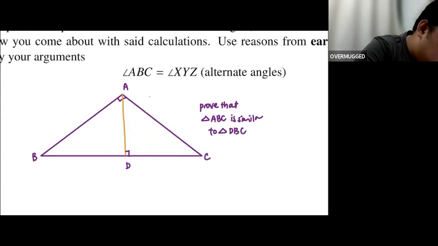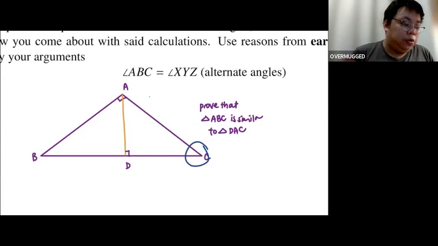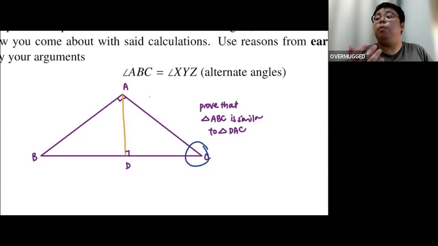Okay, sorry, DAC, my bad. So the common angle. Yeah. So this is just a very quick example as to what a common angle is like.